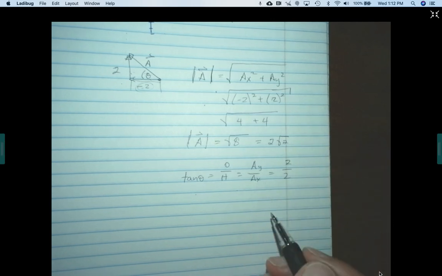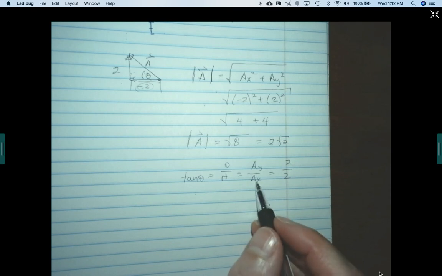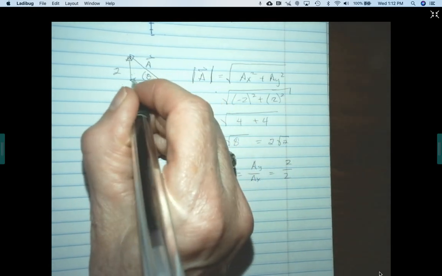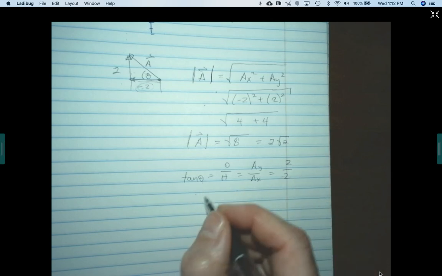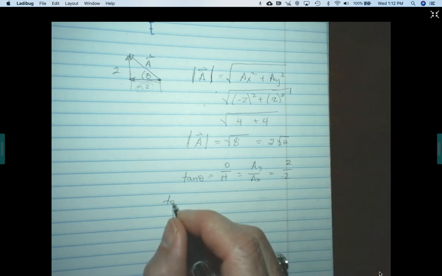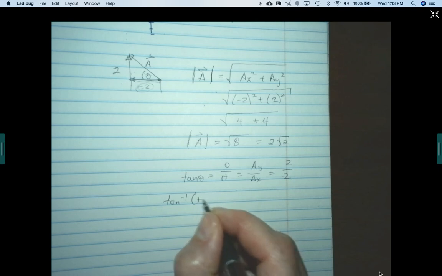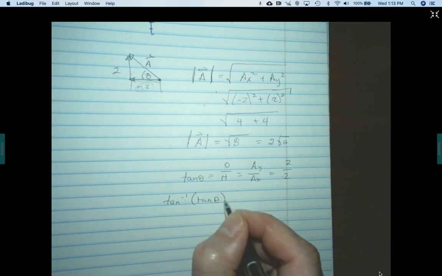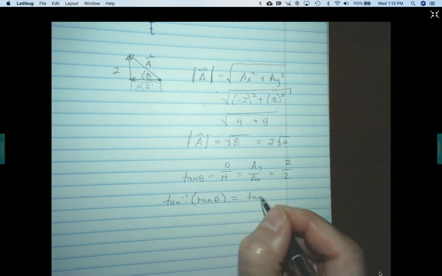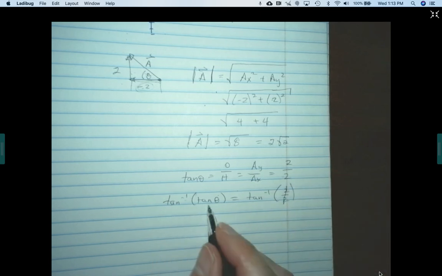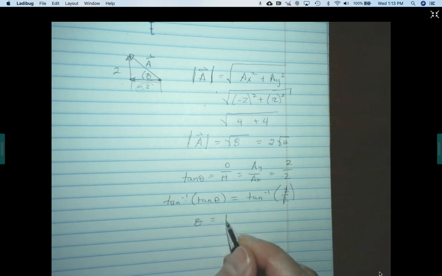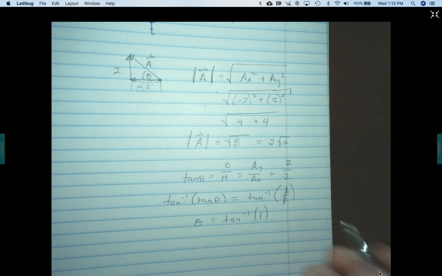I'm just using the magnitude here because I already have drawn the direction that x is going in. So if I solve for theta by itself, I take the inverse tan of both sides. So the inverse tan of tan theta gives me theta by itself, and then I have the inverse tan of 2 over 2, which is just 1. The inverse tan of 1, you might remember, is 45 degrees.